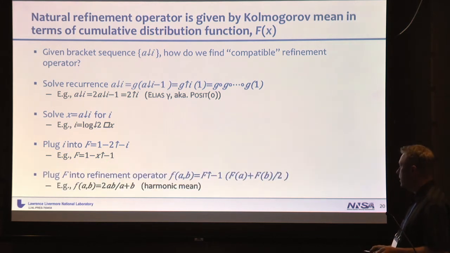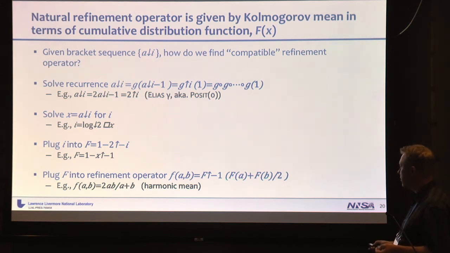And what we're going to do then is use this resulting cumulative distribution function and plug it into a refinement operator like so, where this is essentially just a generalized f-mean of two numbers. So you apply the cumulative distribution to a and to b, divide by 2, and the resulting cumulative distribution is exactly halfway in between those two numbers.